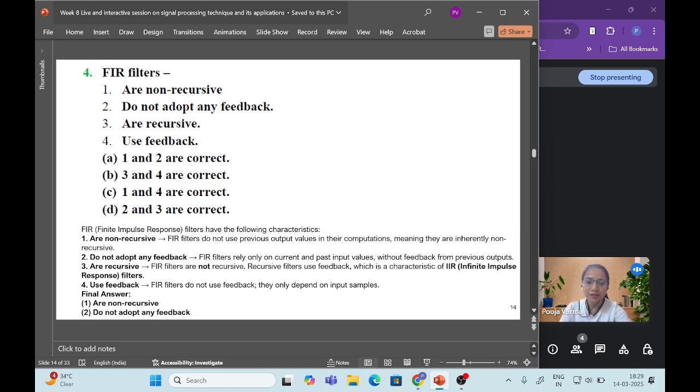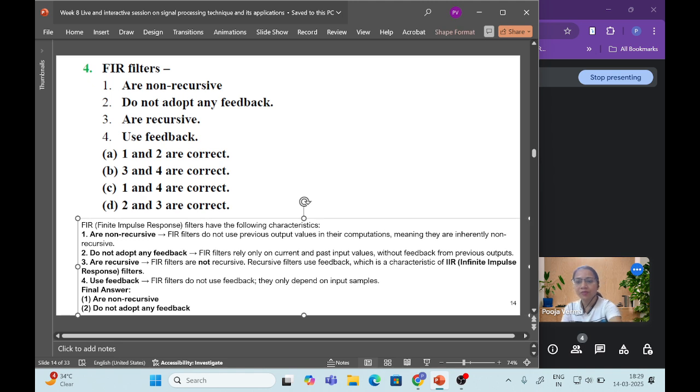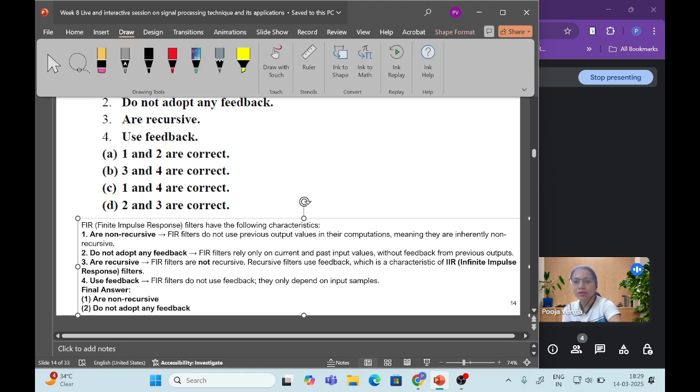Recursive filters use feedback. Recursive filters are using the feedbacks. So these are the characteristics of IIR filters, not FIR filters. So option 4, use feedback, is also not correct, since FIR filters don't use any feedback.